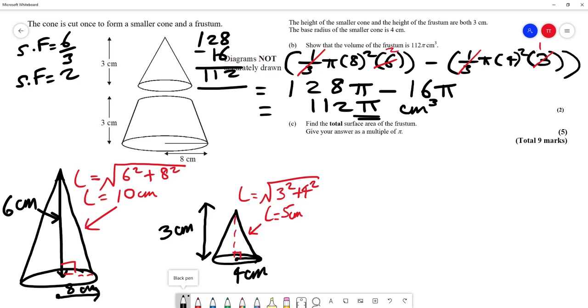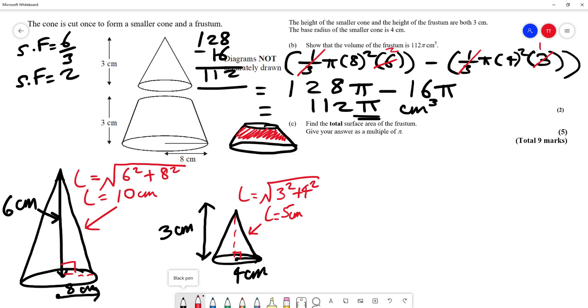Now part B says to find the total surface area of the frustum. If we think about our frustum, we have a circle on the top, the curved surface area on the outside, and the circle on the bottom. I'm going to shade the curved surface area in red, and that's what we're going to do first. That's just the curved surface area of the larger cone minus the curved surface area of the smaller cone.